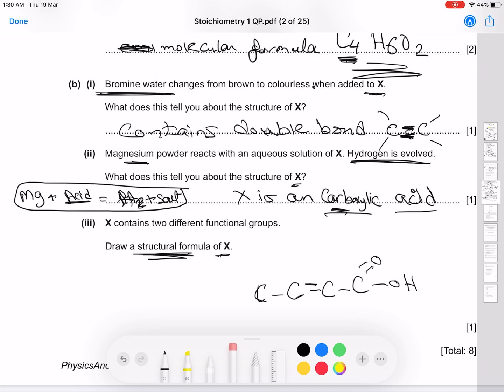Let me just remove this. Okay. My question is, can I add my double bond over there? No. Why no? Because look how many bonds around this carbon I will end up by having. 1, 2, 3, 4, 5. So I cannot put the double bond at this position.